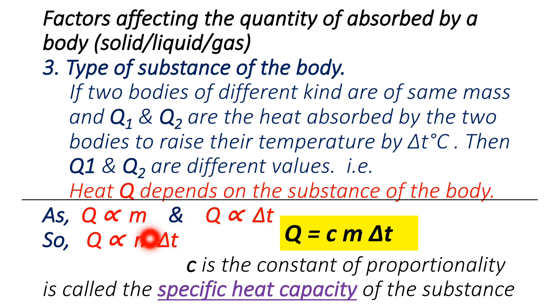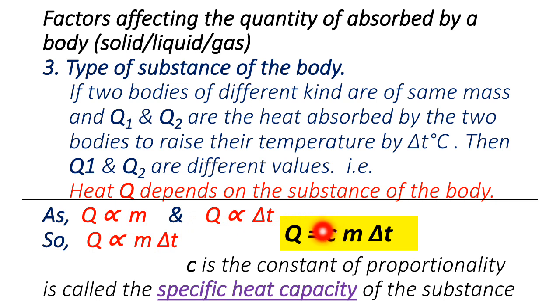The third factor also depends on the substance of the body, but we can't write that mathematically, so we combine those two factors and say that the quantity of heat absorbed by a body depends on the product of mass and the degree of raise in temperature, that is m into delta T. Now if we remove the proportionality sign, then we put a proportionality constant.